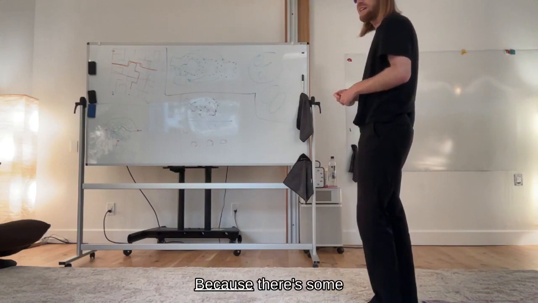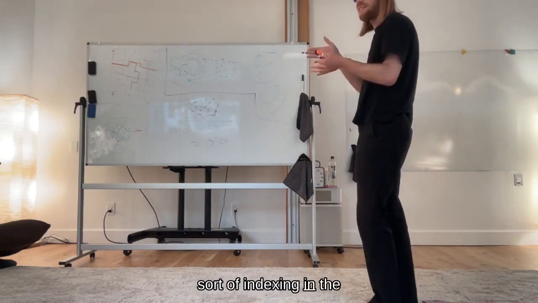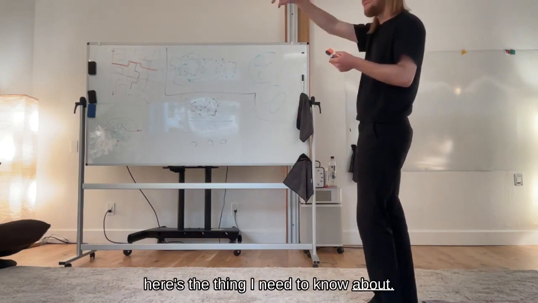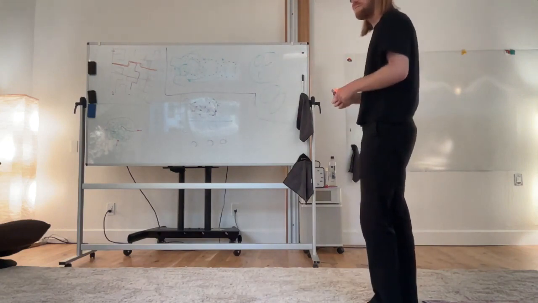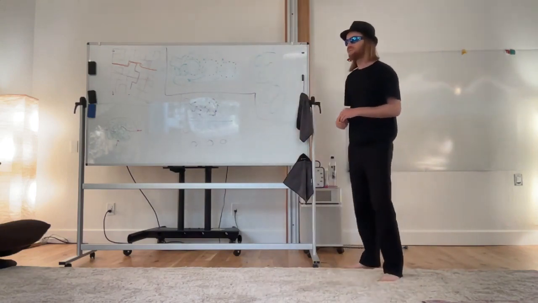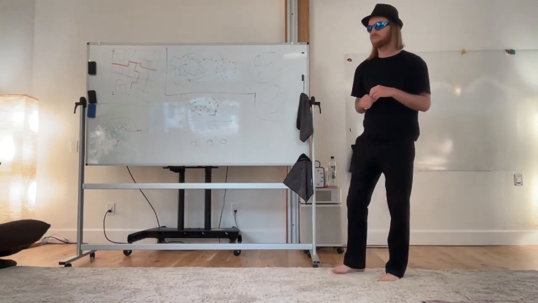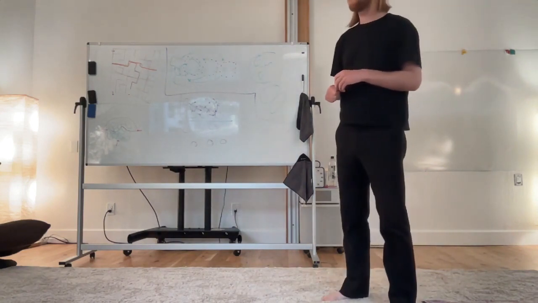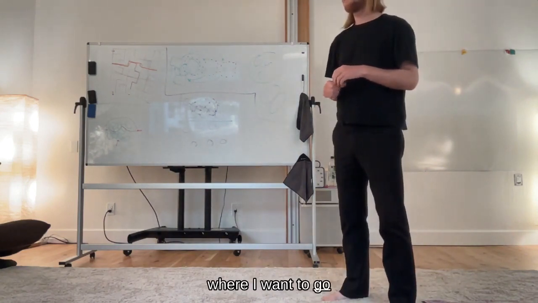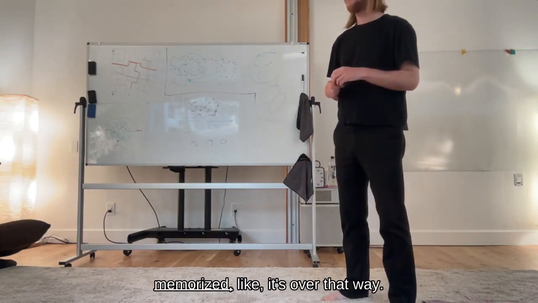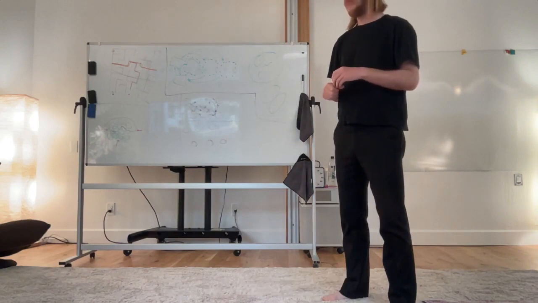There's some sort of indexing in the mind that lets you say, here's the thing I need to know about. What's its value? That might be of the form where I want to go buy some kale. I'm like, where is Sprouts? And I have memorized it's over that way. Or wait, no, Whole Foods is over that way. Whatever. There's also a Sprouts if you go far enough. It's a ways.